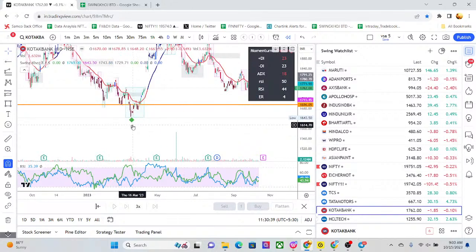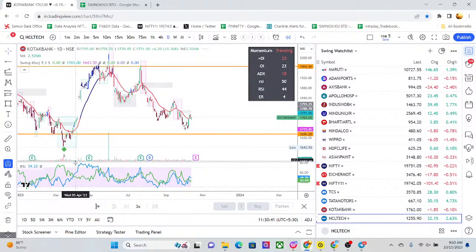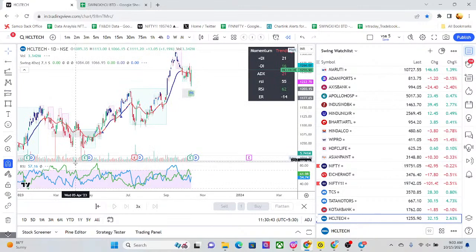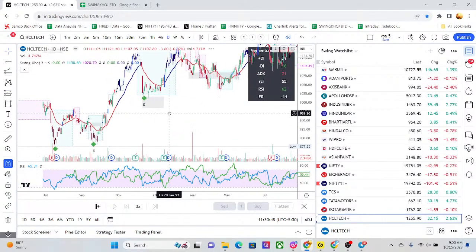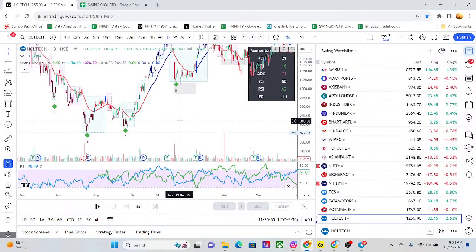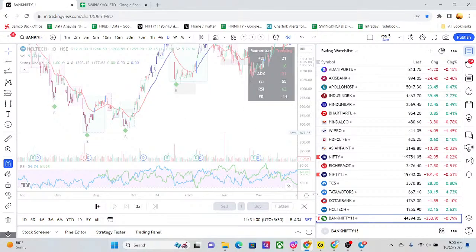You can see here Kotak Bank. You can see HCL Tech. See here. So it is a very good bottom finder if you're looking for one.